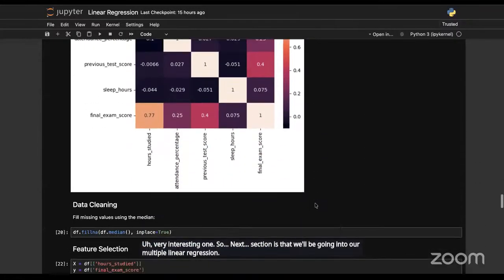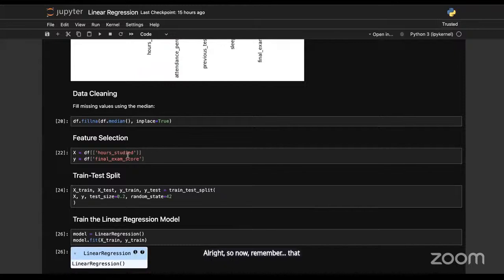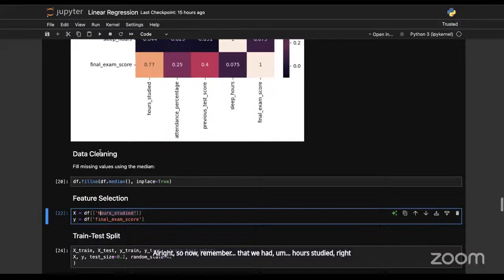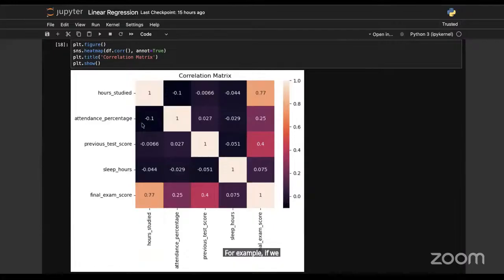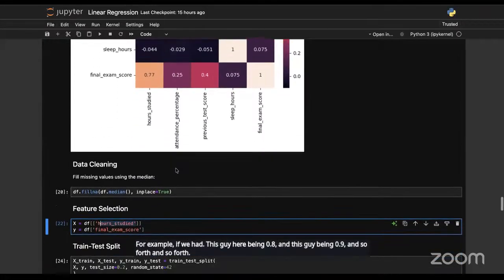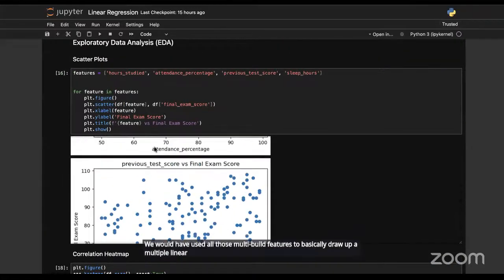All right. So remember that we had hours studied, but we have multiple features. For example, if we had this one being 0.8 and this one being 0.9 and so forth, we would have used all those multiple features to draw up a multiple linear regression model.